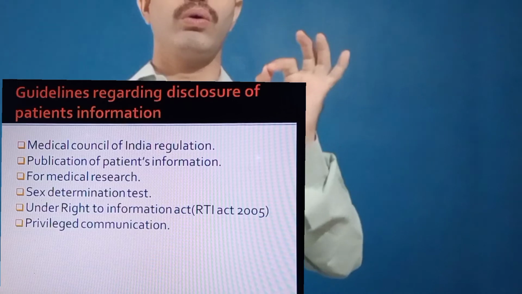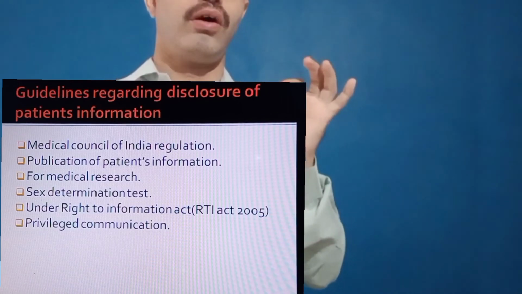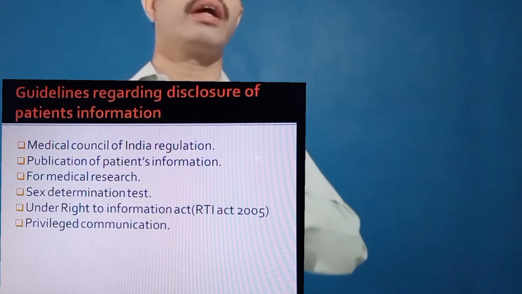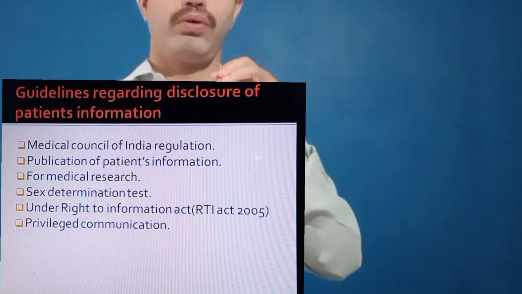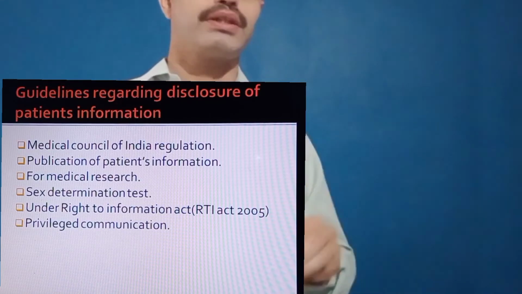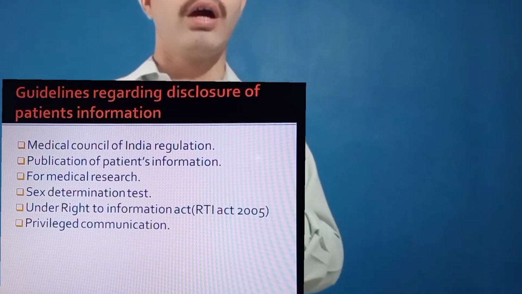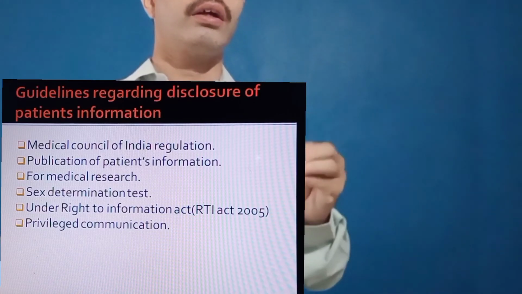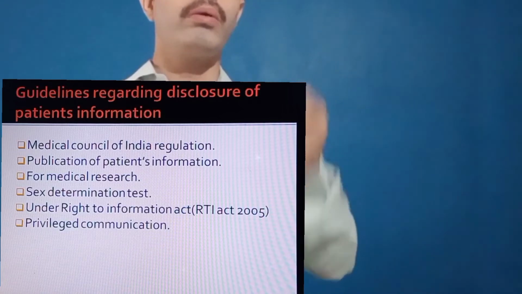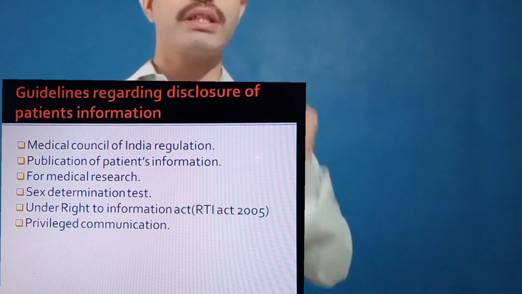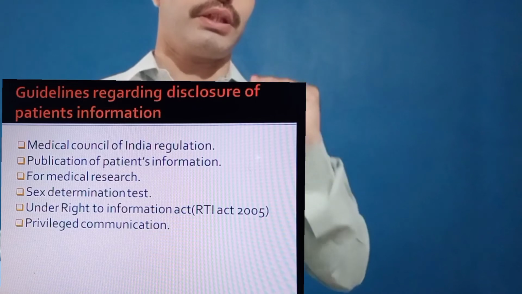If there is no public interest, then there is no reason to disclose the information of the patient, because the information of the patient is confidential in nature: though the medical record is owned by the hospital or the doctor, the information contained in it is owned by the patient.